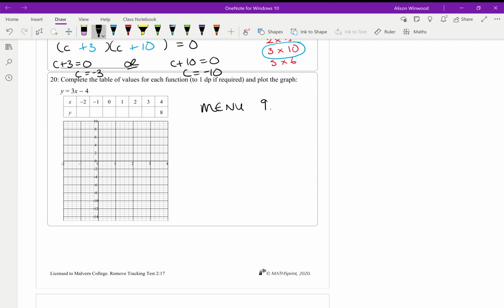And we put in our equation 3x subtract 4, starting at negative 2, ending at negative 1, with a step of 1.